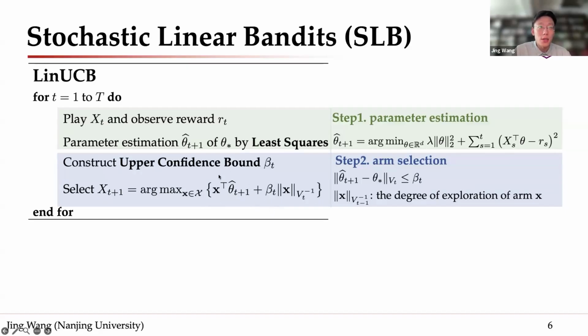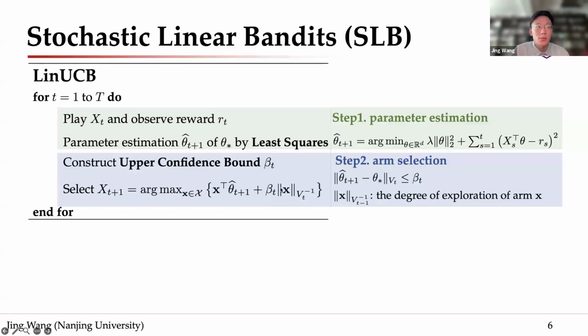The first term, x transpose theta hat, represents exploitation, which encourages choosing arms with better reward. The bonus term, beta times the V-inverse norm of x, represents the uncertainty of the arm selection. Here V represents the past data, so the norm indicates whether this x has already been explored before. This term encourages exploration.